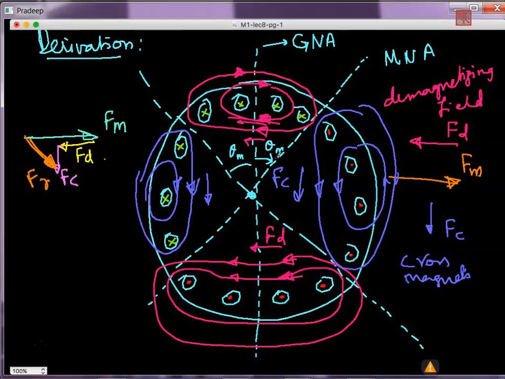So there is theta, theta, and theta here and theta here. So the 4 theta will be the armature conductors causing the demagnetization. Out of the entire 360 degrees, I am only interested in those conductors which are falling in the 4 theta m angle.